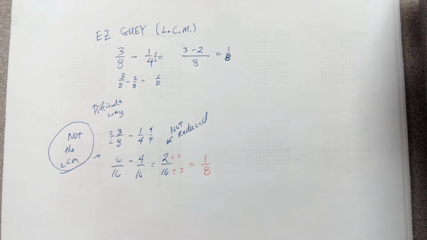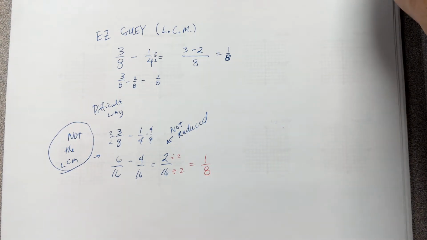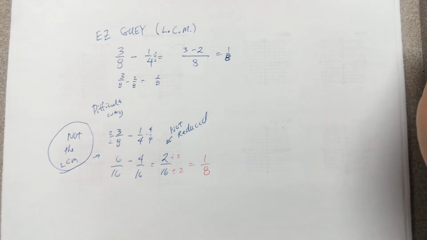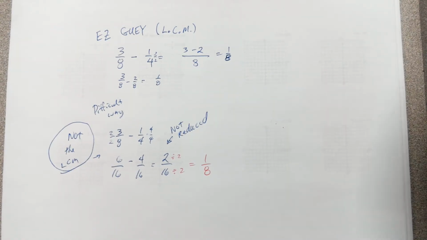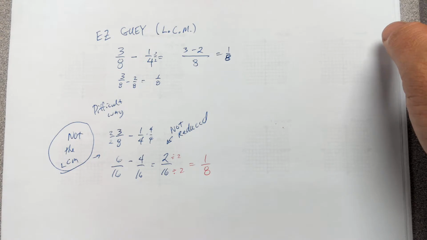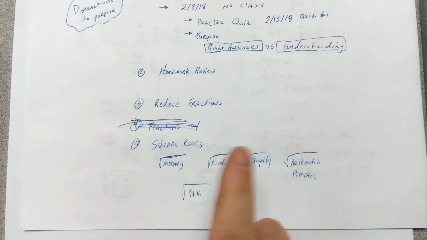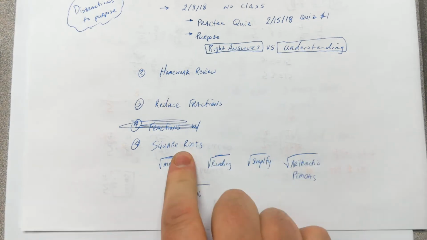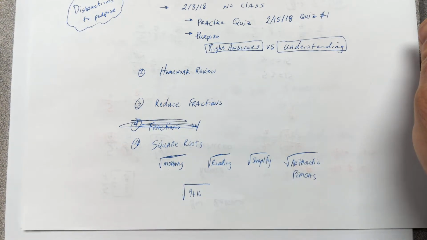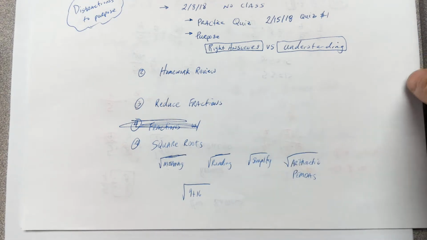Yeah. Marlene, that's why you're my favorite student. Okay. You ready? Yeah. You sure? You know what we're doing next? No? Square roots. Oh, the square roots in the house.